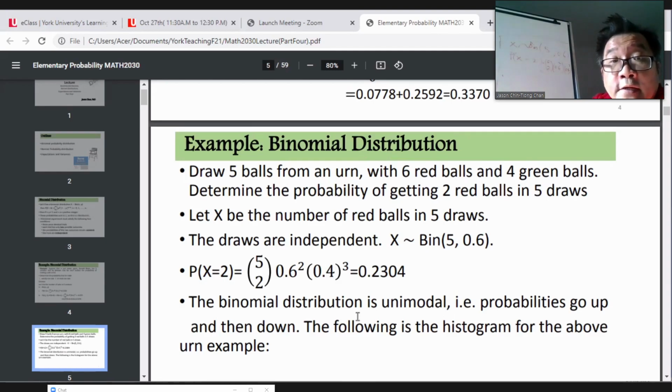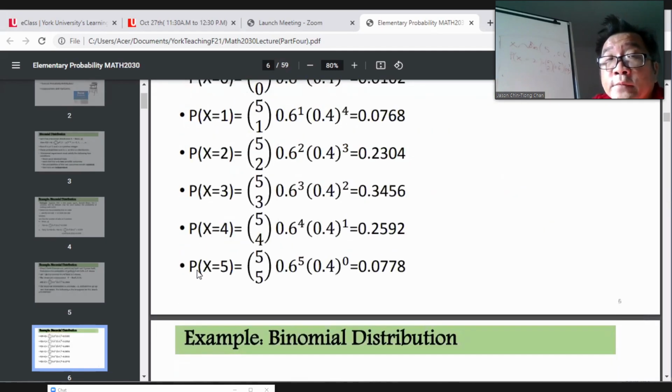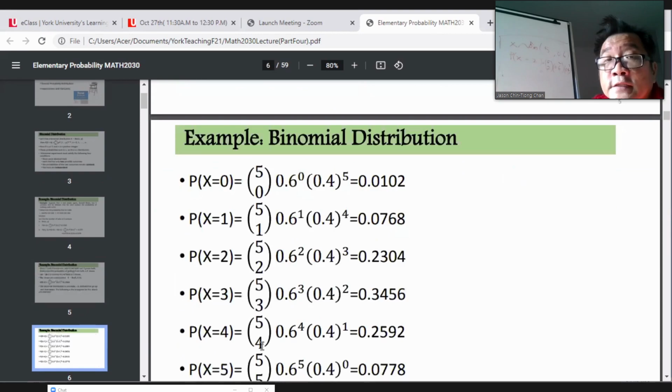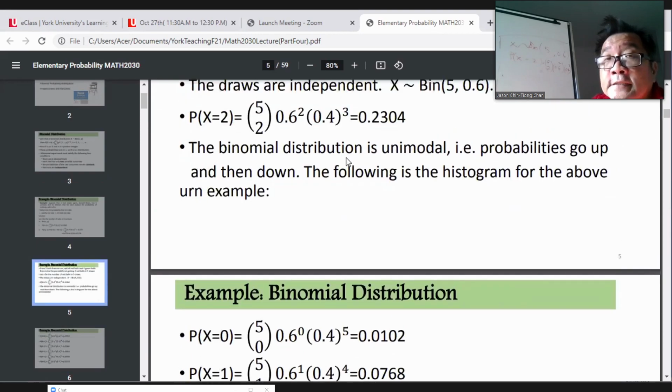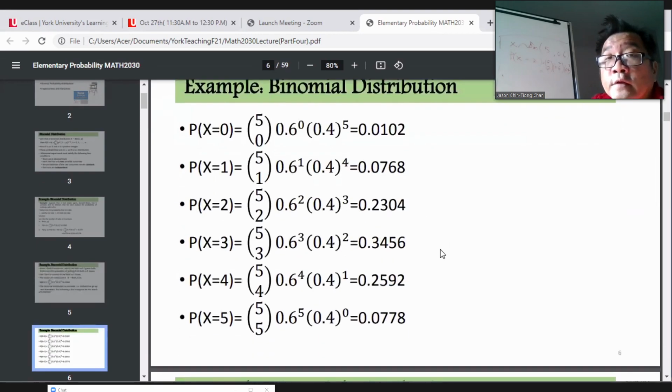Did I show you the diagram? I'm not sure. No. Oh yeah, I showed you all the calculations. Here, I show you those calculations first before we talk about the last statement. If you look at this number, what do you think? There's only one biggest value.